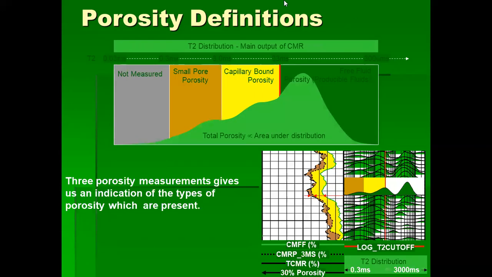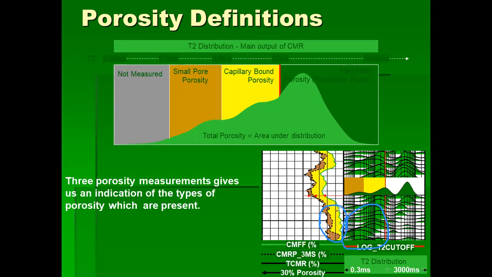As you will see also, you can see some relation between the displacement of the T2 distribution and the amount of the clay bound water and the capillary bound water. So here at the bottom, we have more of the T2 distribution towards the left, and so we have larger values of clay bound water and capillary bound water.